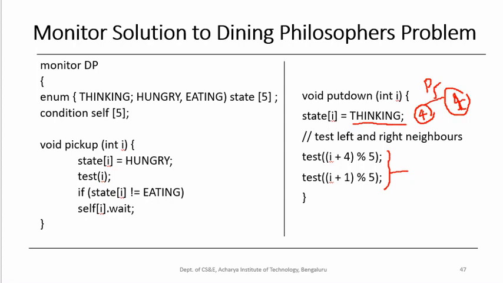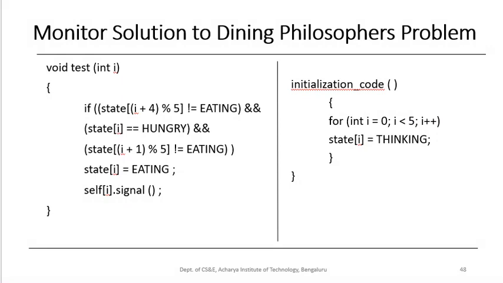He will signal, as we have written here. I'll go to the next slide. See here, he will execute the signal operation so that they can come out of the waiting queue, grab the chopsticks and go and eat.